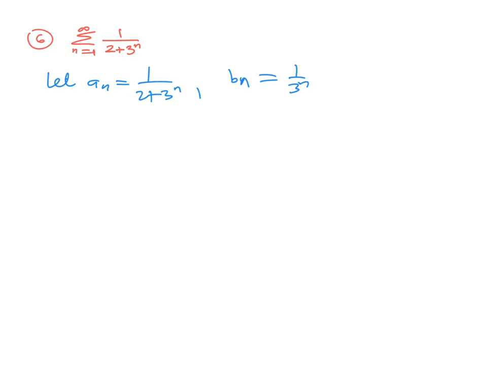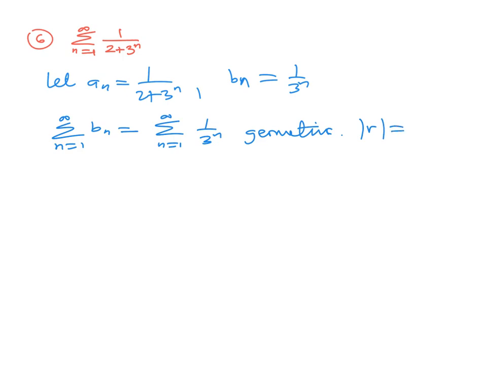Now I'm going to look at the convergence of that sigma of 1 over 3 to the n. So sigma as n goes from 1 to infinity of b sub n is sigma n goes from 1 to infinity of 1 over 3 to the n, which is geometric. The absolute value of r is equal to 1/3, which is less than 1. So sigma n equals 1 to infinity of b sub n converges.